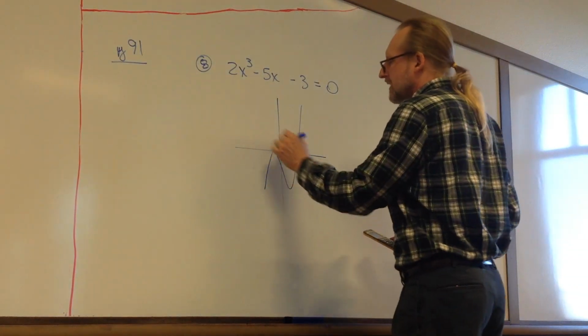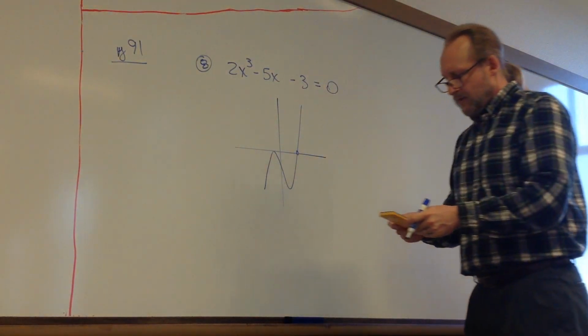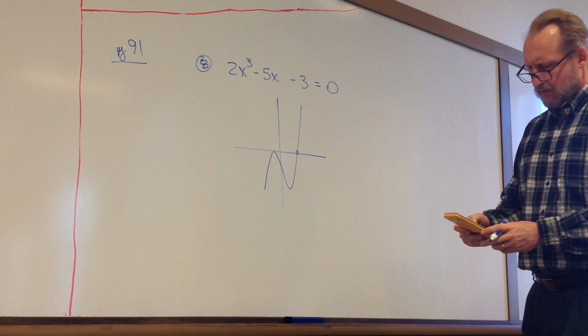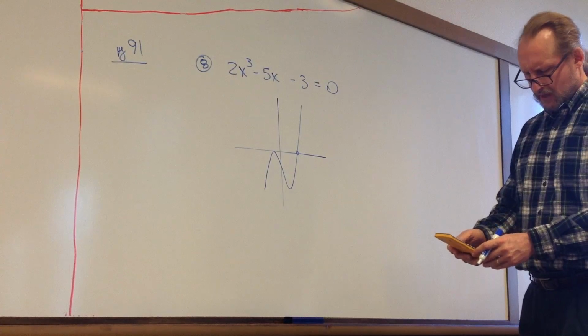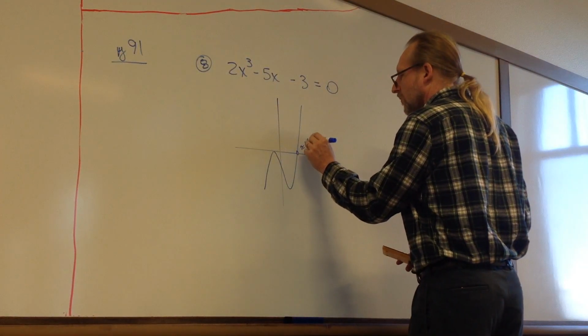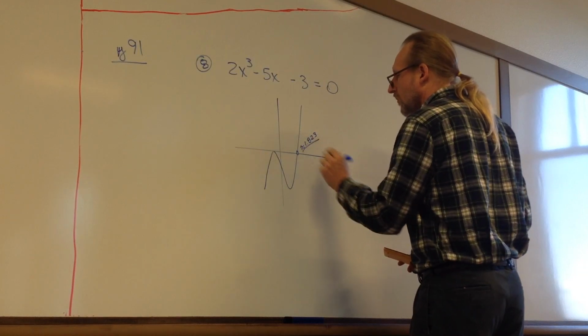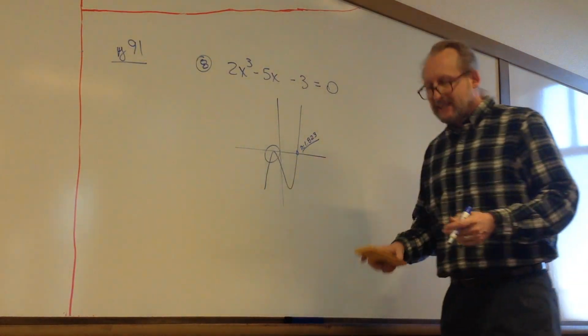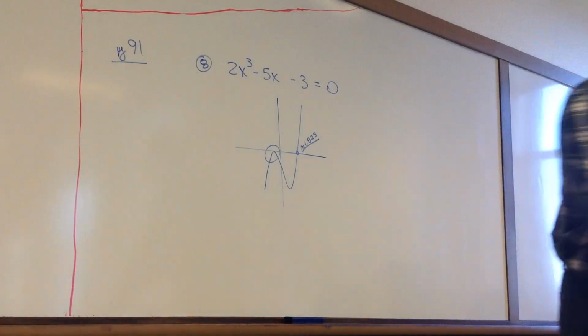So it's kind of hard to tell. Here, let's just go and find this root. Okay? We'll set a left bound, set a right bound, and this is about 1.823. Okay, now, what's happening over here, it's kind of hard to tell. Okay?